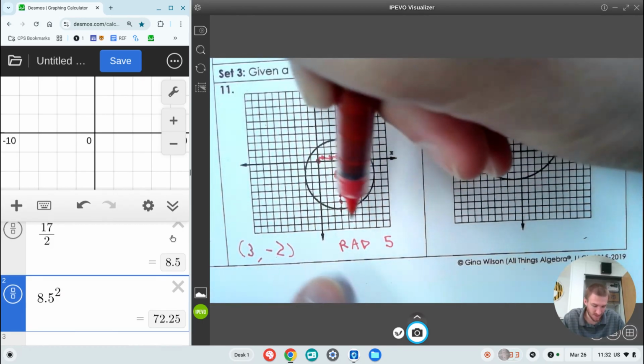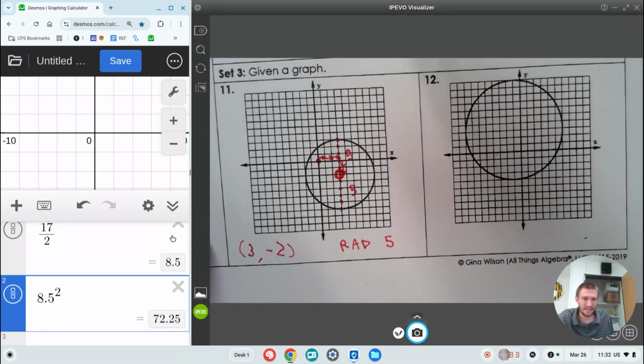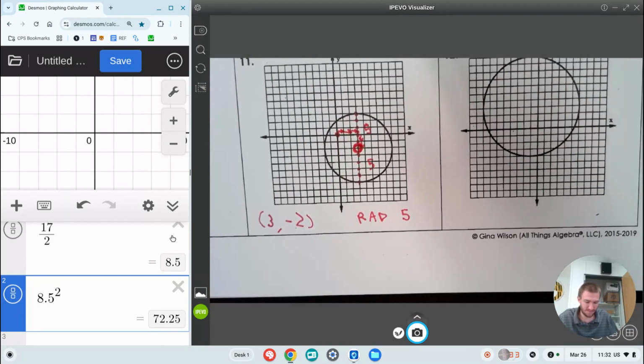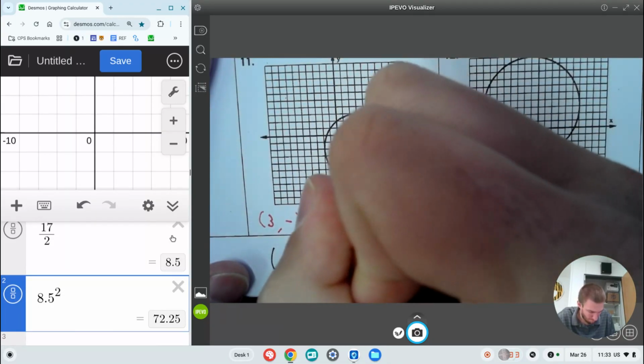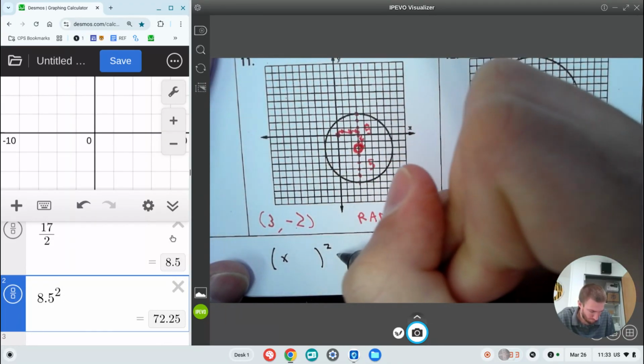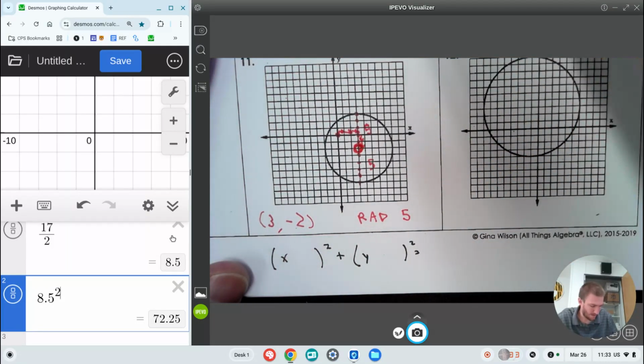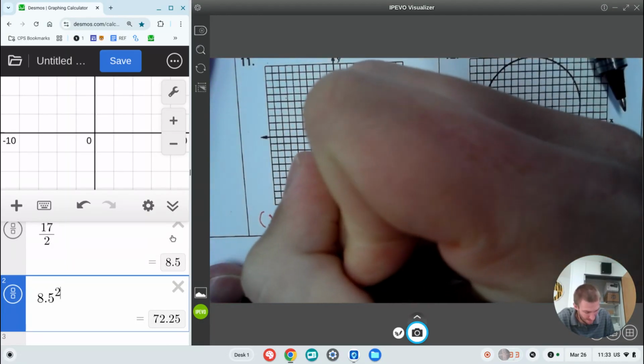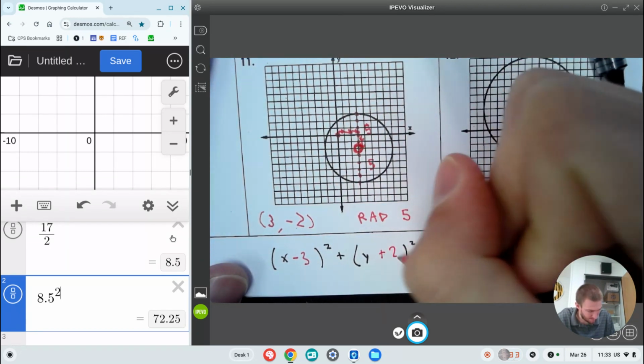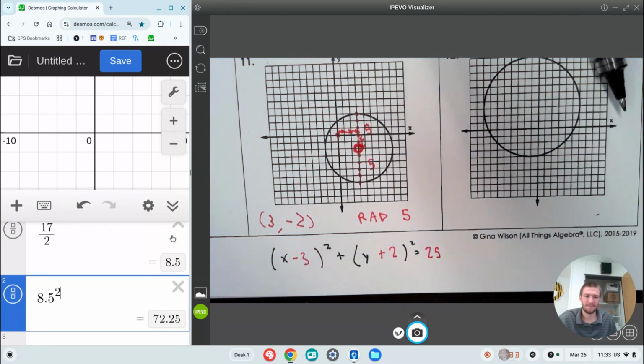This is my center, this is my radius, and so the equation is -3, +2, 25.